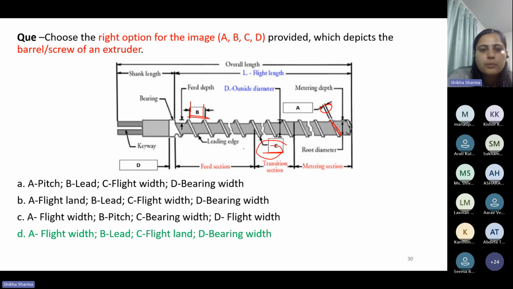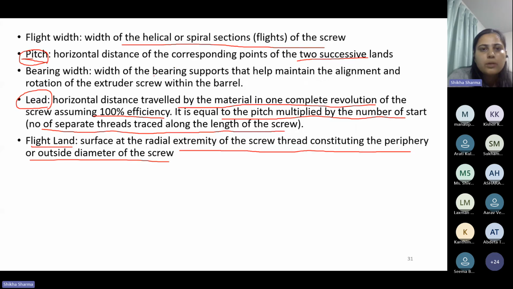Then bearing width. This part is bearing width. It is the width of the bearing supports that helps in maintaining the alignment and rotation of the extruder screw within the barrel.